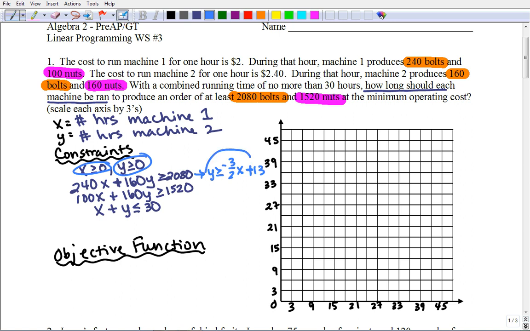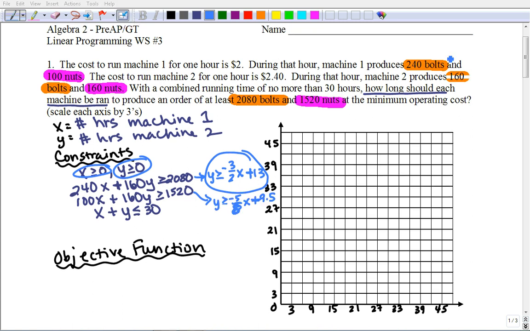So we'll be able to graph that one. For this other one, when I solve for y, by subtracting the 100x and then dividing by 160, I get y is greater than or equal to negative 5/8 x plus 9.5. Sorry, that's a little messy. My stylus is kind of messing up. And for this last one, when I solve for y, I'll get y is less than or equal to negative x plus 30.